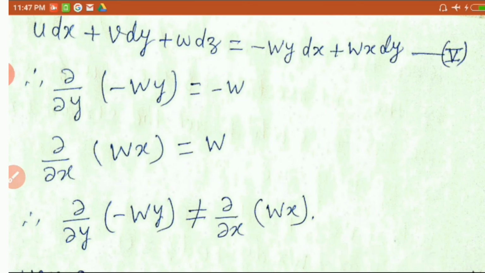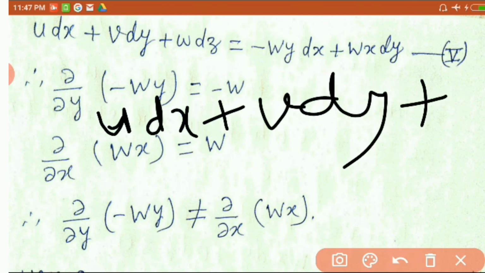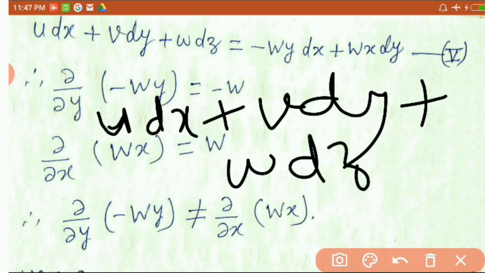Hence this u dx plus v dy plus w dz is not an exact differential equation. So the velocity potential does not exist.